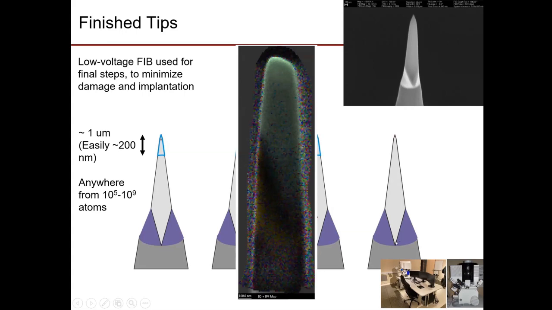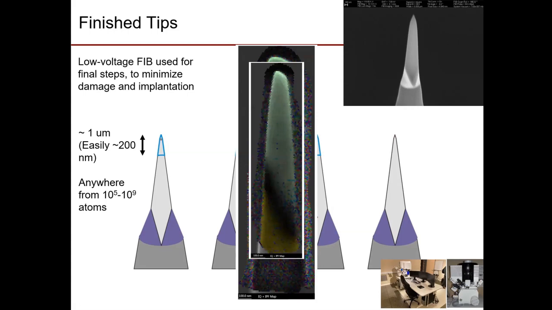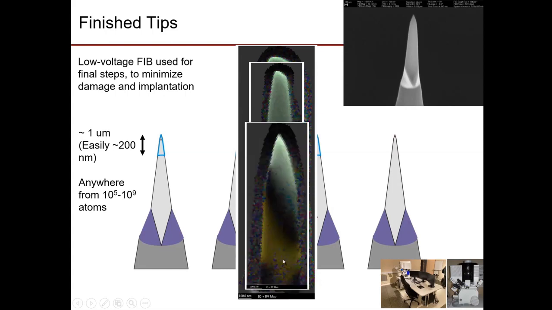As this tip was reduced in diameter and shortened, the clarity of the backscatter image increases, and you can see the grain boundary, which is our targeted feature, very clearly. And we can continue the milling process until that grain boundary is within the easily analyzed volume near the surface of our atom probe specimen.